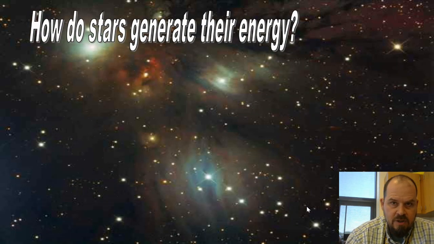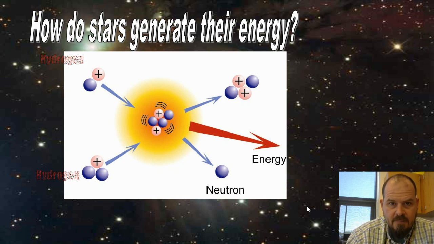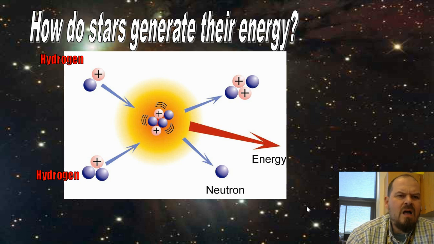Okay. How do stars generate their energy? This is called nuclear fusion, where I take two things and fuse them together into something bigger. That energy is going to come out. Hydrogen: one has one nucleus or one neutron, the other one has two neutrons, by the way.